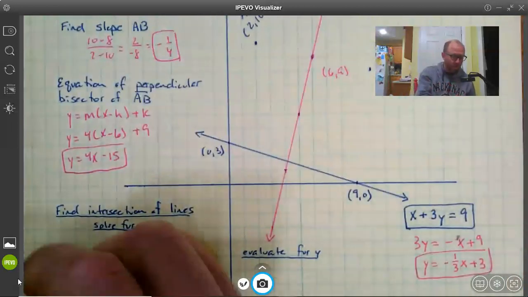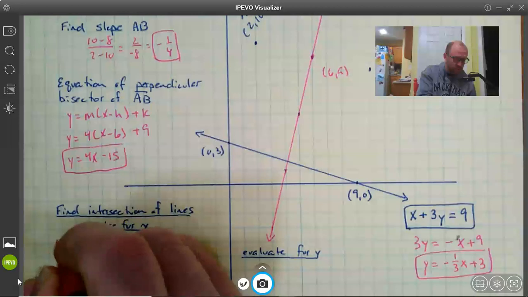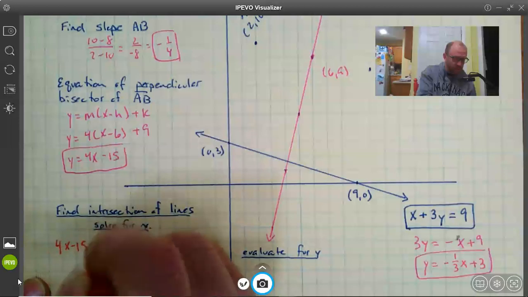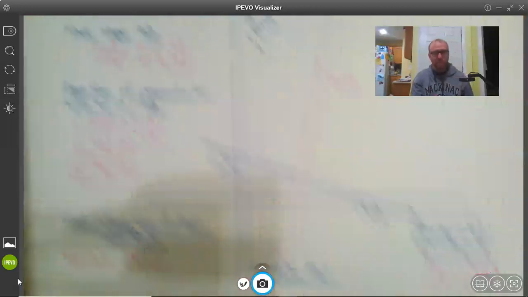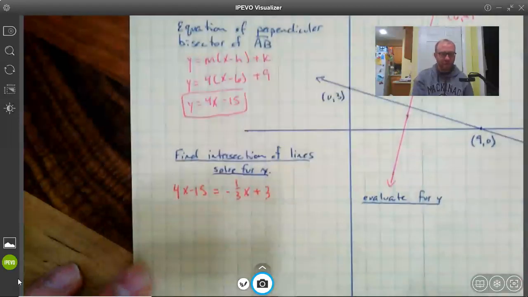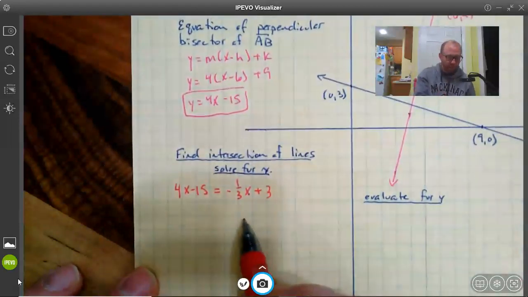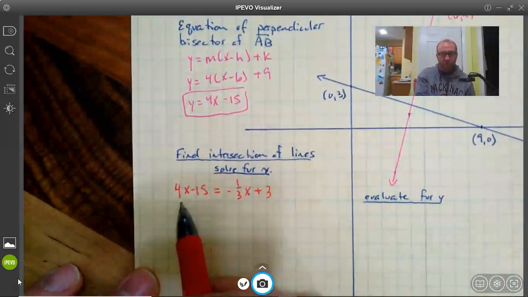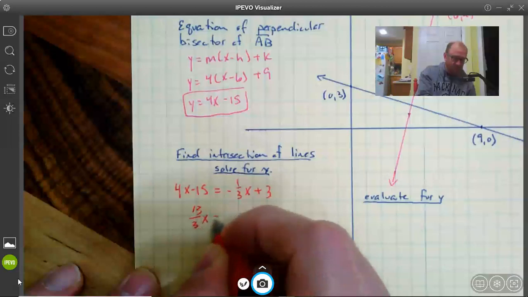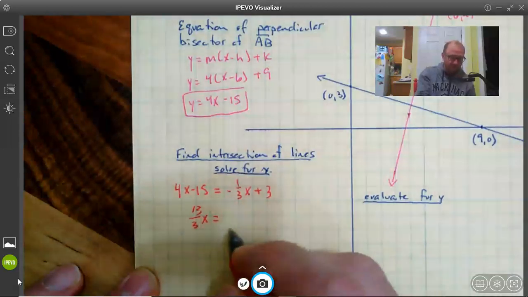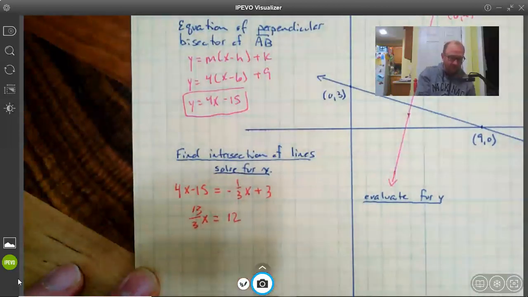So at some point, 4x minus 15 should be equal to negative 1/3 x plus 3. So we're finding the x coordinate right now. Let's see, I will add 1/3 x to each side. 4 is 12/3, so it'll be 13/3 x, and then we'll add 15 to each side, giving us 12.